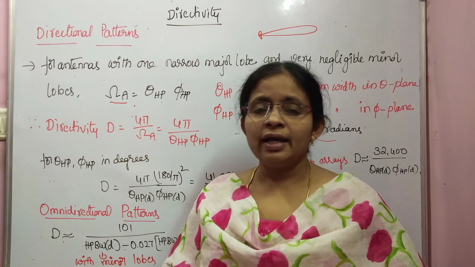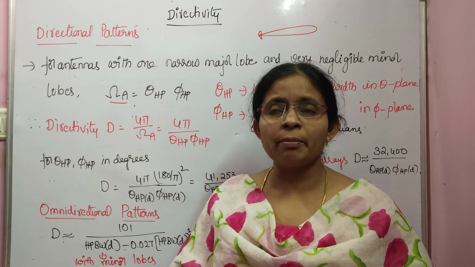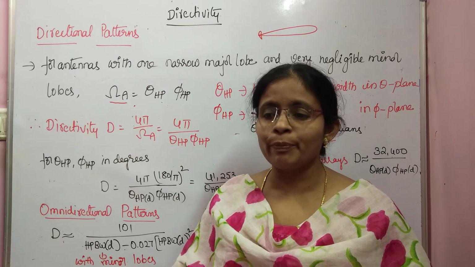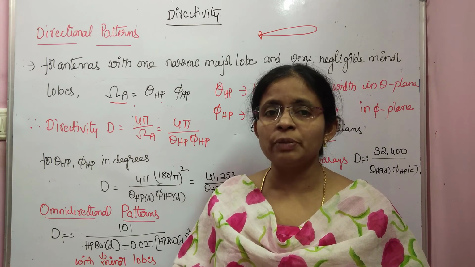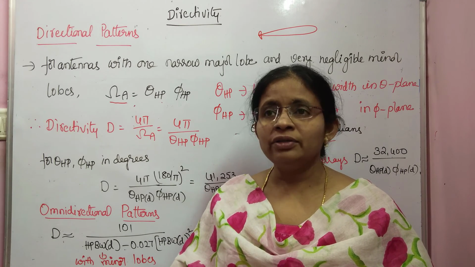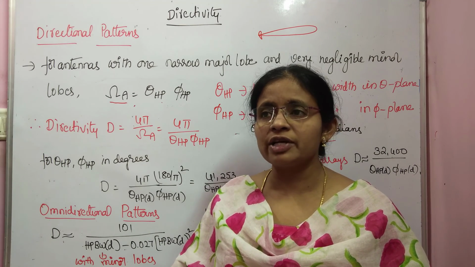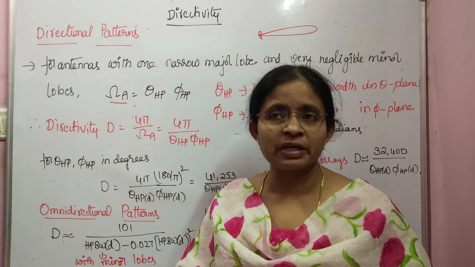Then for directional patterns, with a good major lobe and no minor lobes, you can approximate the beam solid angle as the product of theta HP and phi HP, where theta HP and phi HP are the half power beam widths in the theta plane and phi plane respectively.